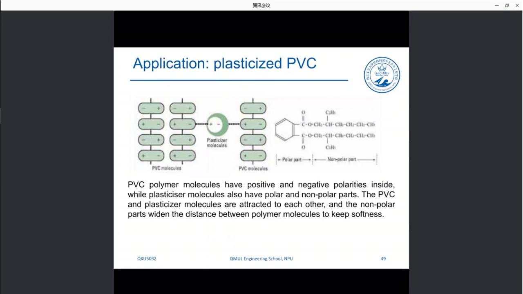And polyvinyl chloride is a characteristic example, which normally has a modulus of around 1 to even 3 gigapascals sometimes, okay? But with the addition of plasticizer molecules, this adds flexibility and essentially makes the material very soft, in the order of megapascals.